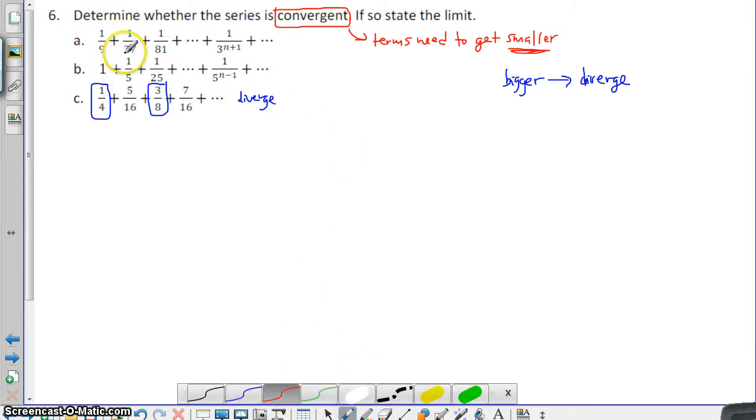A and B, on the other hand, you can tell pretty easily that 1/9, 1/27, 1/81, these are definitely getting smaller. Same with B: 1, 1/5, 1/25. And not only that, the ratios are pretty easy to see. On this, all you're multiplying by each time is 1/3, because on the bottom you just multiply by 3. 9 times 3 is 27, times 3 is 81, and so on.